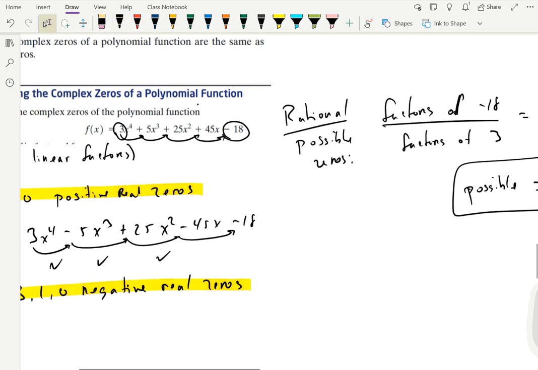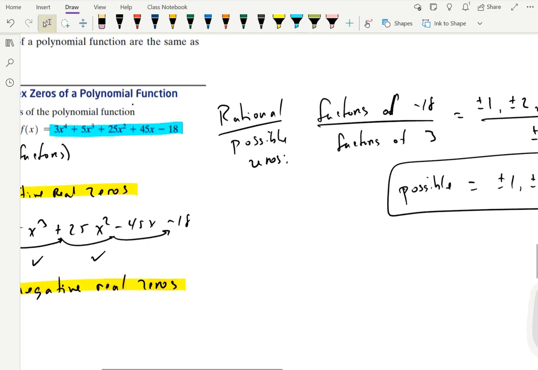In our original function, 3x to the 4th plus 5x cubed plus 25x squared plus 45x minus 18, let's pull out the coefficients. There is another video in our coursework here in Canvas that goes back over synthetic division, so if you're a little rusty, please reference that video as well.